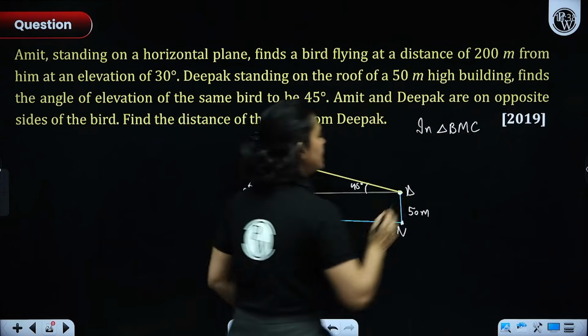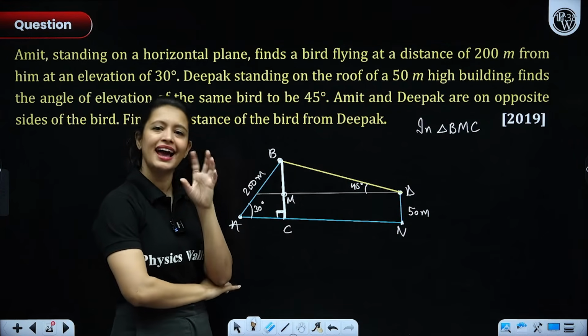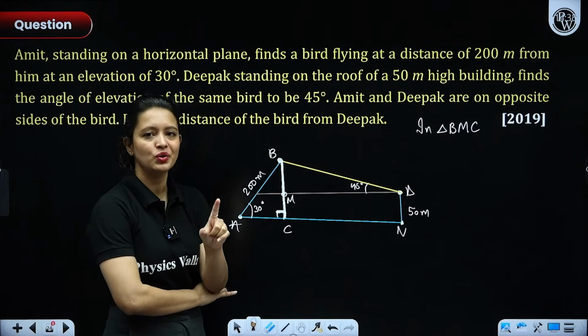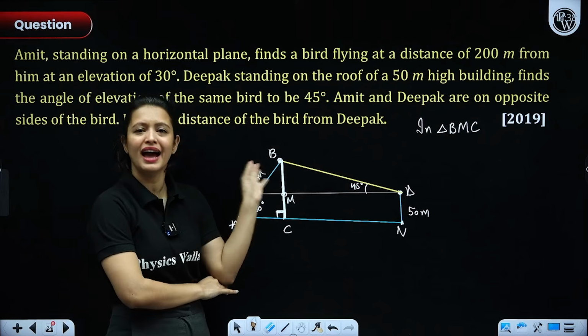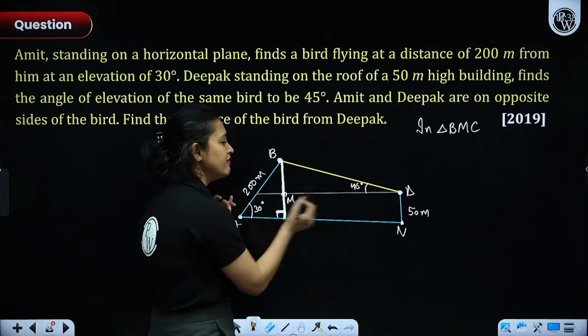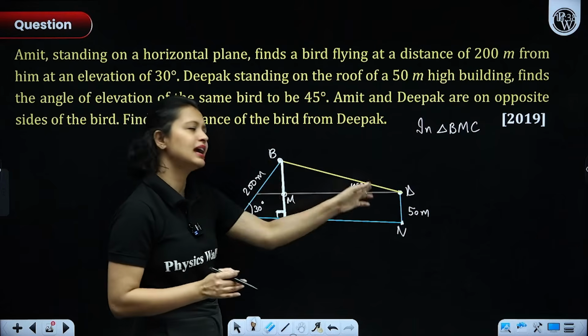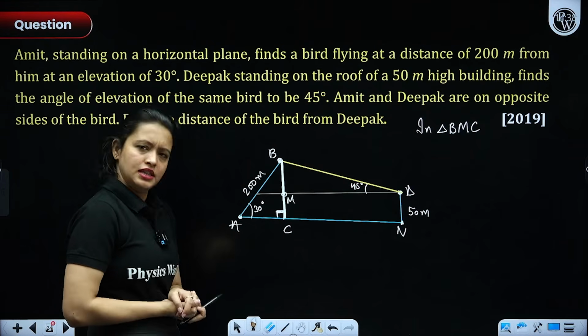Obviously. Now in this triangle, I need one side to figure out BD. I have no sides given, I only have the angle of elevation. So if I could either have MD or I could have BM, both of them will work. Either BM or MD.